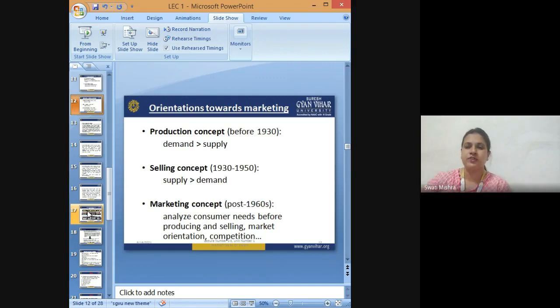Concepts were developing at a higher pace, and this was the time when marketers had to analyze consumer needs before hammering or throwing some product over the customers. They understood that by mere producing and selling you cannot achieve the kind of sales you can achieve by proper market orientation, by proper competition, and by properly understanding the requirements of your customer.